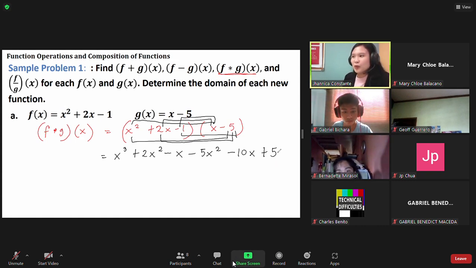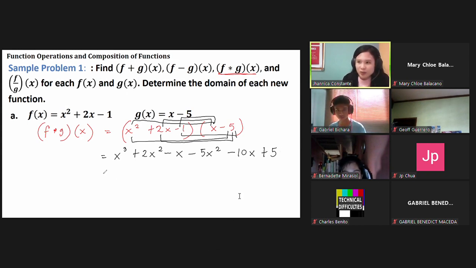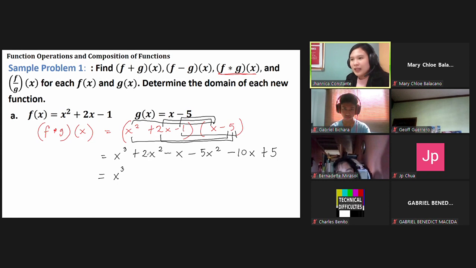After multiplying each term, combine similar terms to simplify the expression. x cubed doesn't have like terms in the expression.